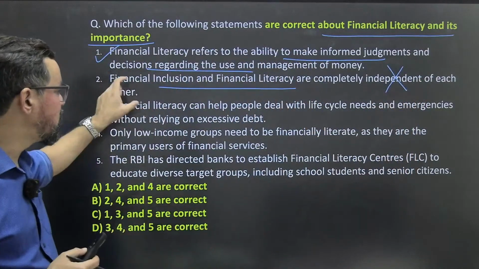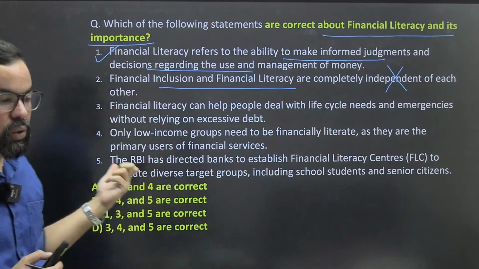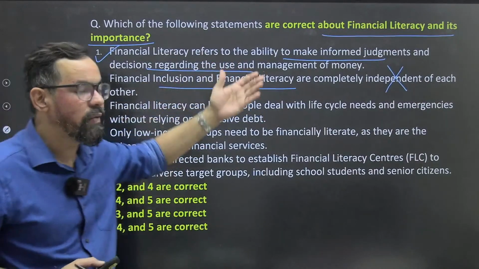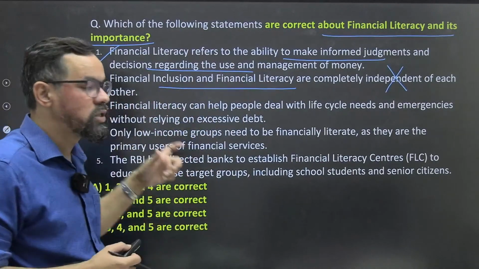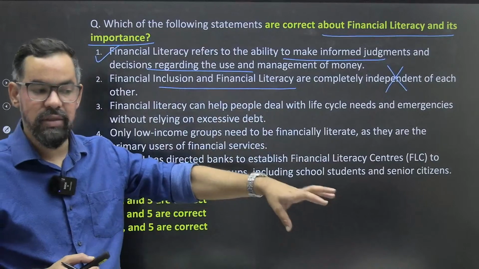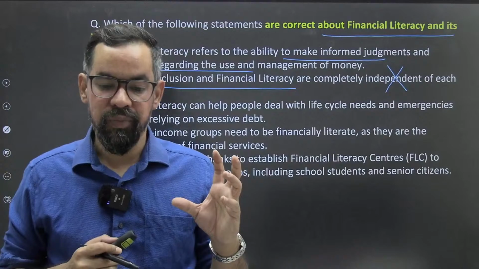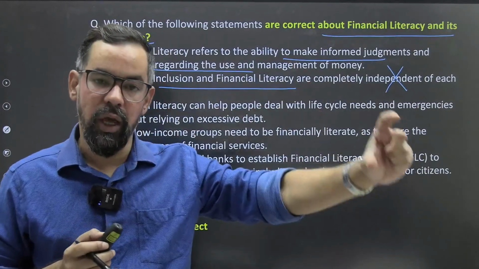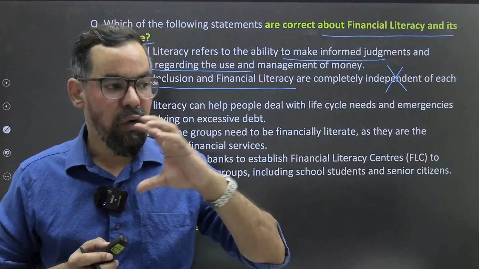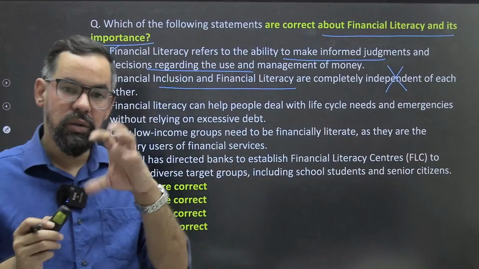So financial inclusion and financial literacy are interdependent. Literacy is where we make people aware about the products, and inclusion is where we provide them services. Let's say our bank comes up with a new savings account for rural people, for students, or other categories.